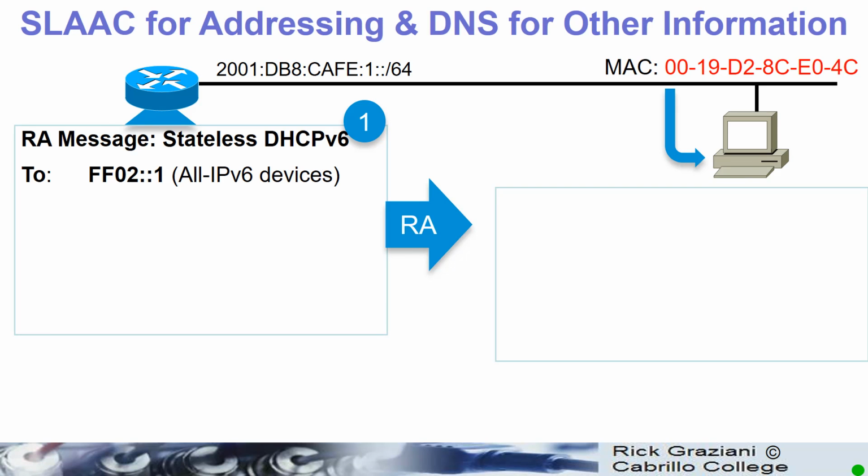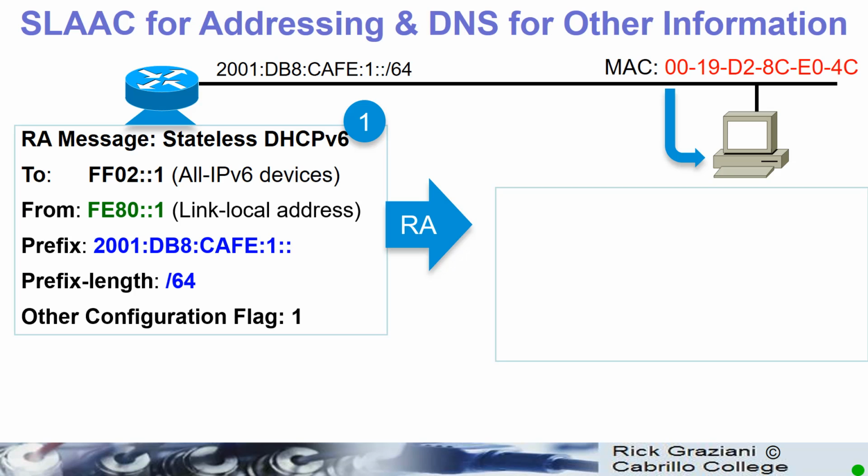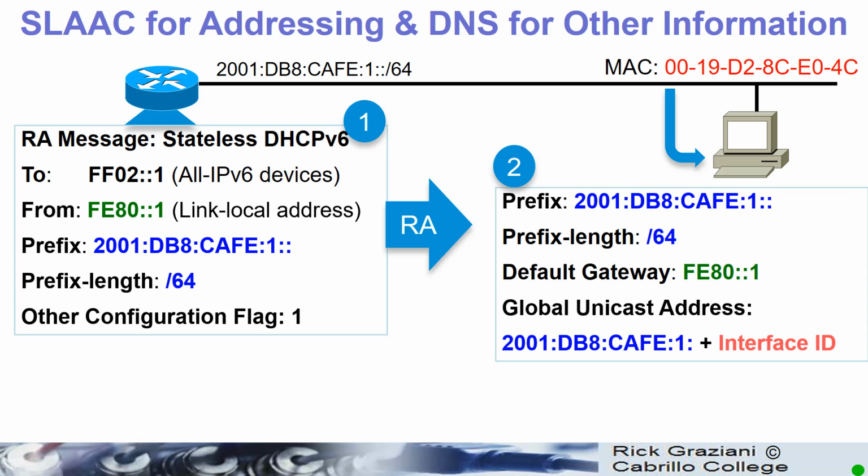This will send out a stateless all IPv6 nodes, so a multicast address, from its link local address using the appropriate prefix and the prefix length and the other configuration flag. That will go into a router advertisement. The client will take the prefix and its MAC address and put it together. The default gateway will be added in.